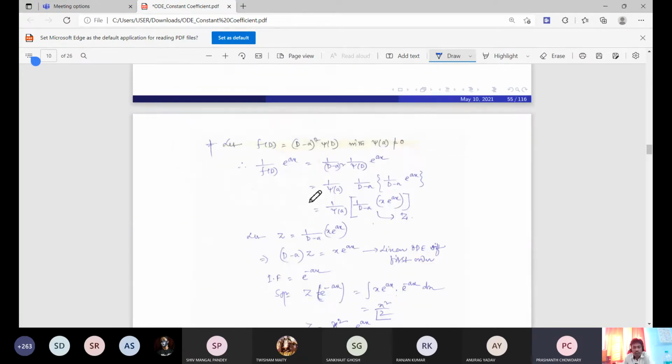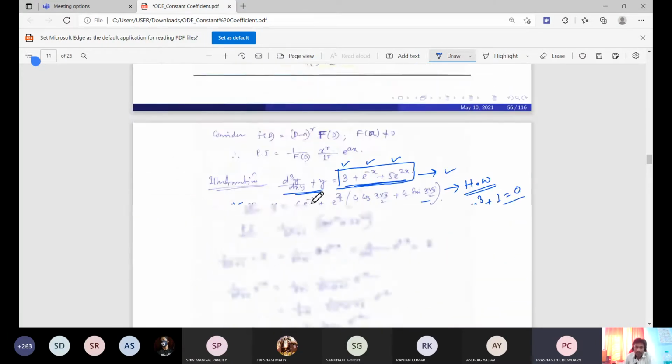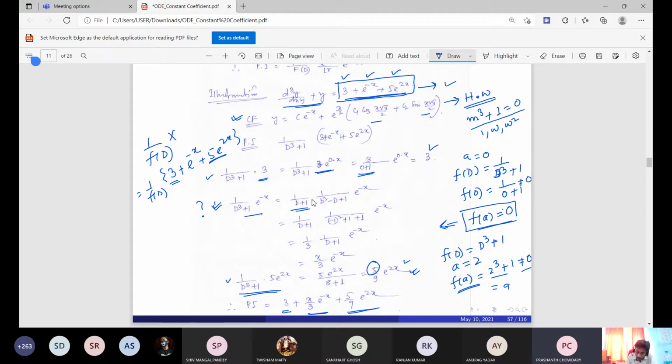See, we have already considered one example, this part that I mentioned I will come back later to solve. Here we have a single root in f d which goes to 0 when d is minus 1. See here, 1 by d cube plus 1 can be factorized in this way: 1 by d plus 1 into 1 by d square minus d plus 1.